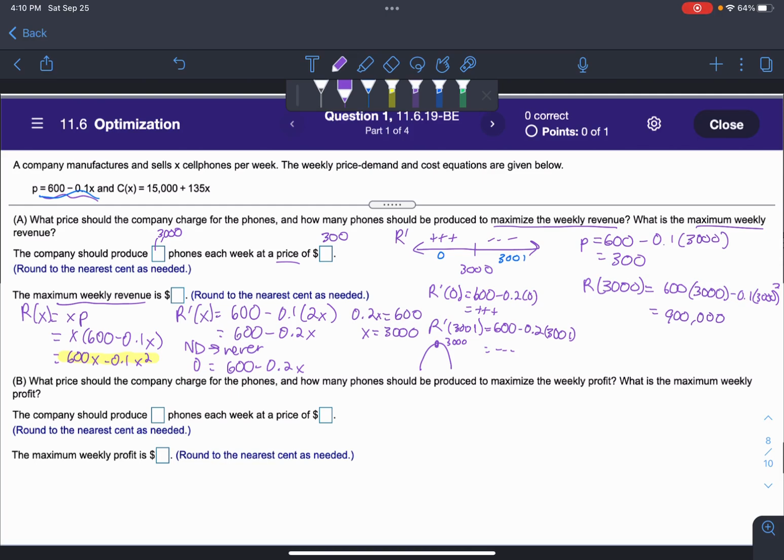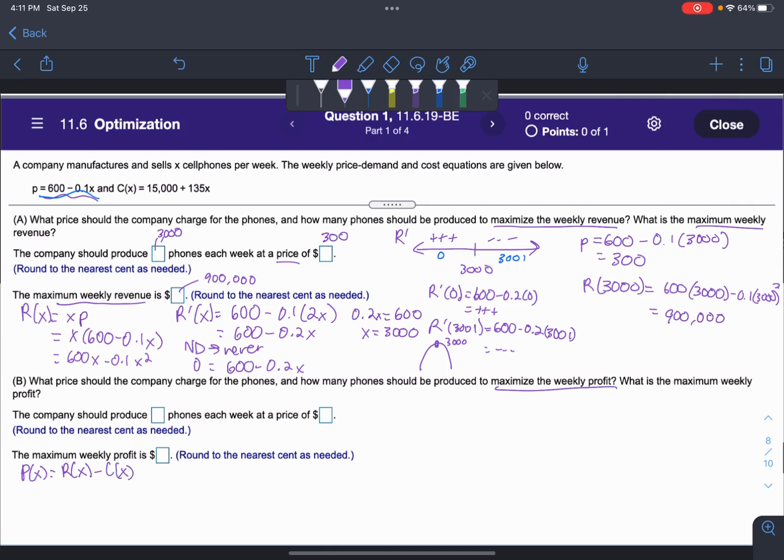And so that's this answer over here. So now B is asking about profit. What maximizes weekly profit? Recall that profit, and I'm going to denote it with this capital P of x, is our revenue minus our cost, which is also given.